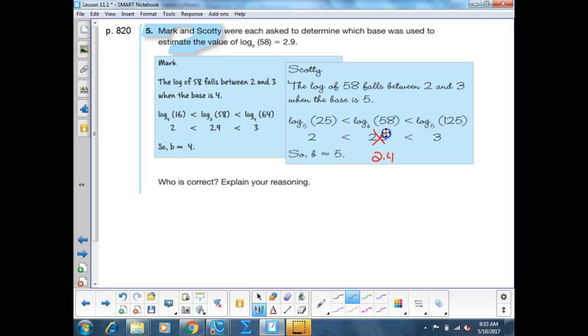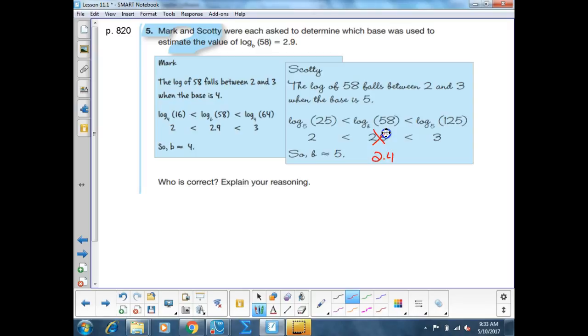Do you agree with that statement? Technically, they're both right because both of their logics are true. We could have also said that it was log base 6, right? Or 7.